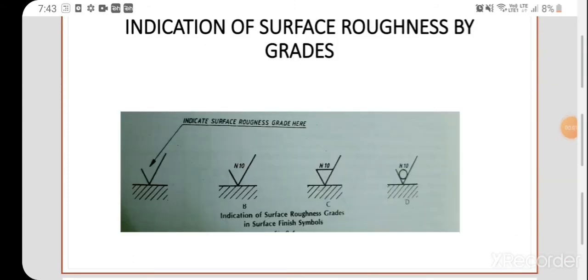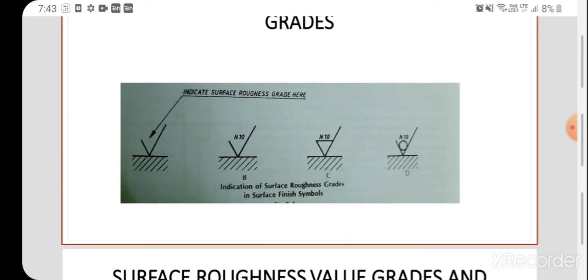The quality of surface finish can be indicated by a roughness grade number in the surface texture symbol. For example, we can take roughness grade number N10, and the grade number is written in the same place as that of the roughness value, as shown.